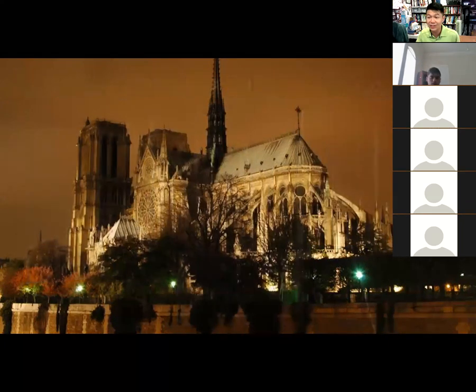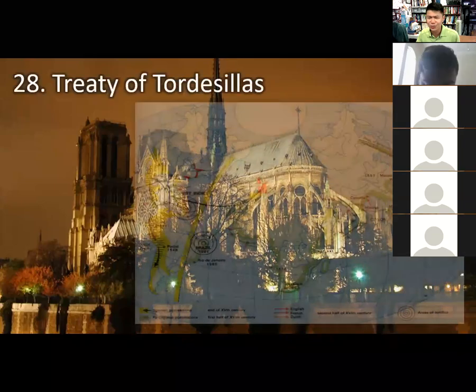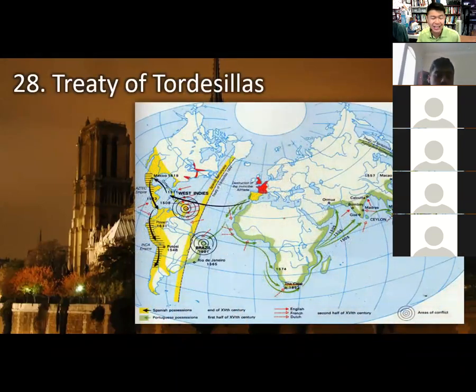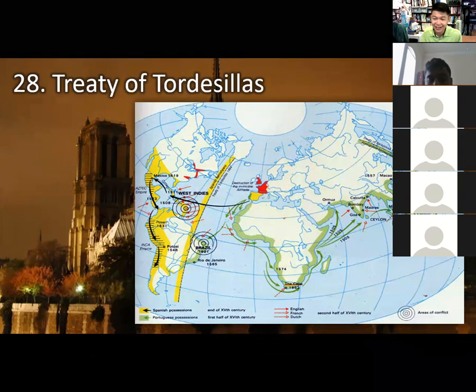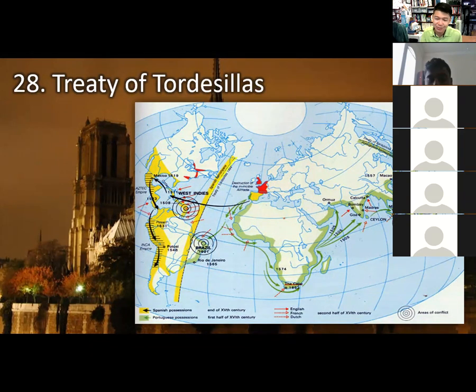And then finally, 28. This is not one that shows up in your book. This is what is known as the Treaty of Tordesillas. What the Treaty of Tordesillas did was it is basically an agreement between the Spanish and the Portuguese, saying, all right, we're going to draw a longitude line right here and divide it up where most things east of this would be Portugal, and most things to the west would be Spanish.